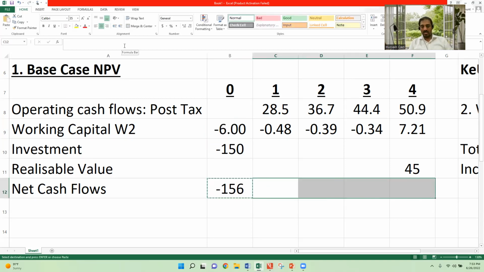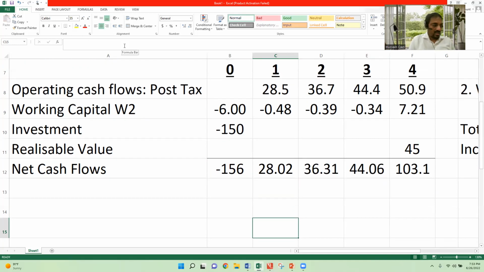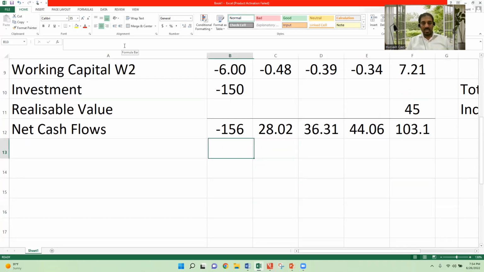Control C, Control V. This is the net cash flows value.